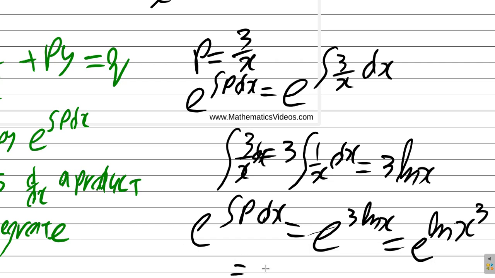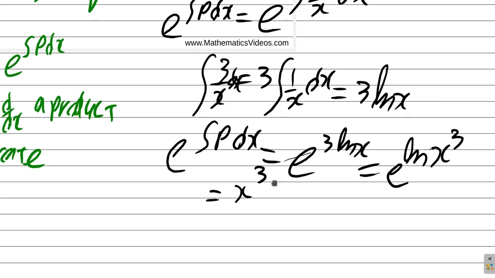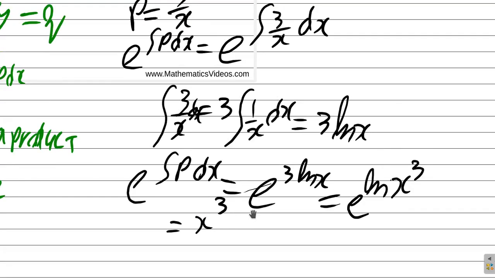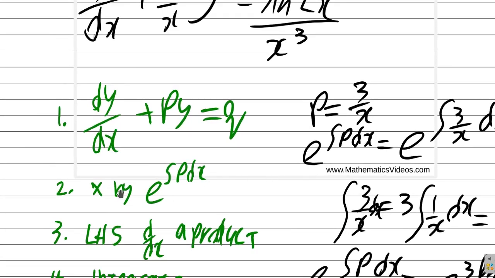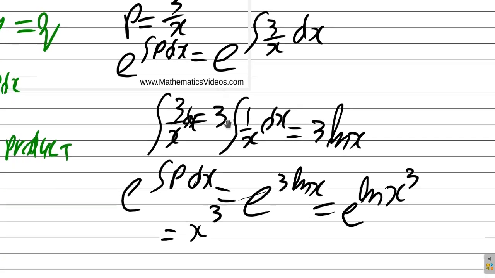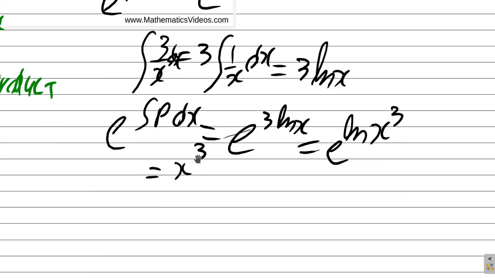So e to the integral of p dx is equal to x cubed. As if you have e to the ln of any number, you can try it with a calculator, you're always going to get back that number. So you multiply both sides by e to the integral of p dx, which happens to turn out to be x cubed.